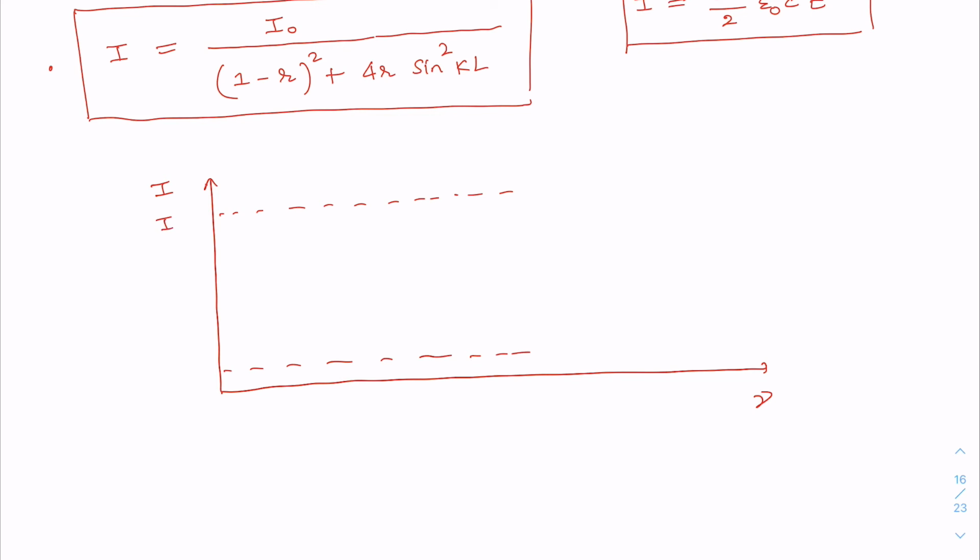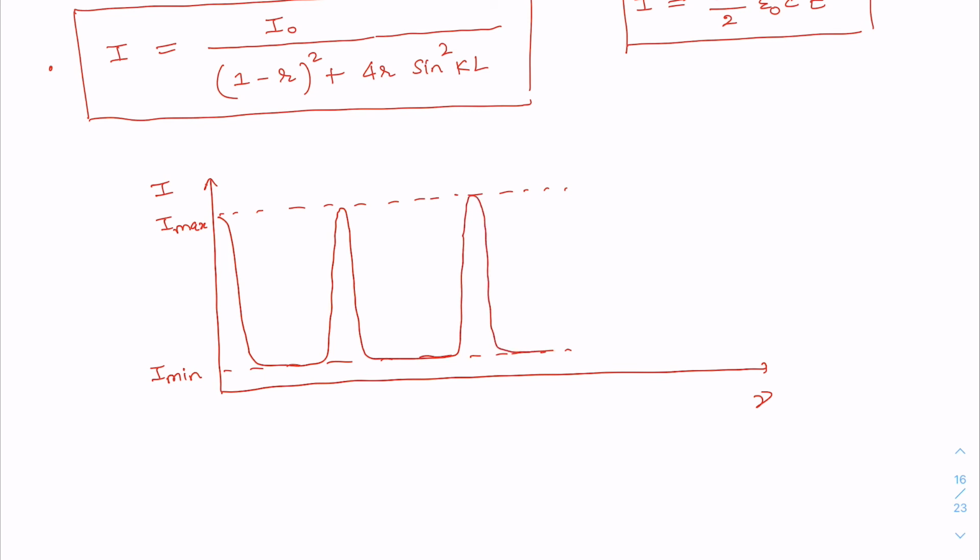Let's say this is I maximum, I will explain these terms a little bit later, and this is I minimum. Intensity will oscillate between minimum and maximum, and it will be like this. We'll have several peaks like this, and so on.